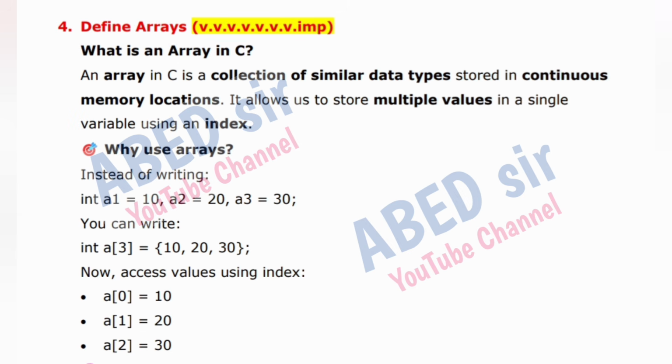Instead of writing int a1 = 10, a2 = 20, a3 = 30, you can write int a[3] = {10, 20, 30}. Now, access values using index. a[0] is 10. a[1] is 20. a[2] is 30.